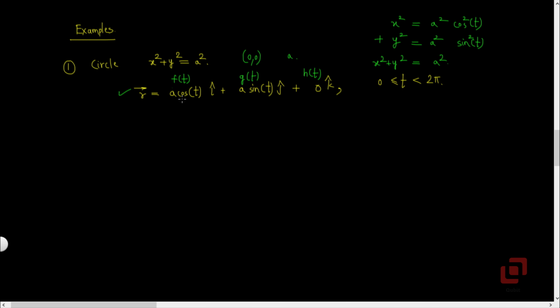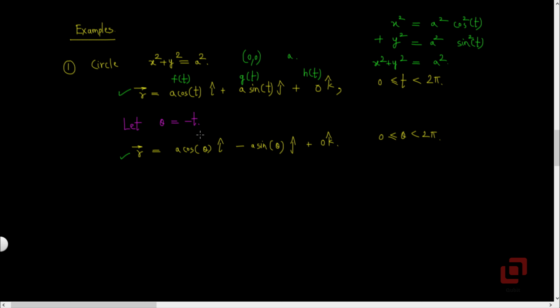Can we represent the circle by using a different parameterization? Yes, we can. We introduce the parameter theta and we define it as -1 into t. So making appropriate changes in the previous definition of the circle, we now get the following parameterization: r bar equal to a cos theta i cap minus a sin theta j cap plus 0 k cap. Now how did I get that?